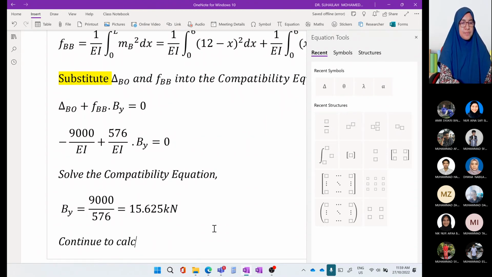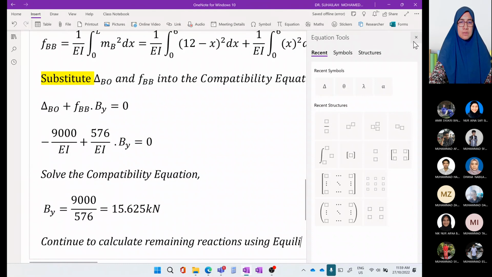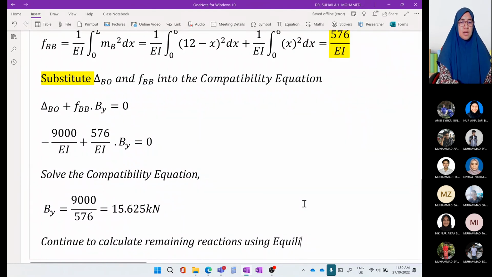to calculate the remaining reactions using the equilibrium equation. Can you continue to calculate the remaining 3 unknown reactions? Yes.